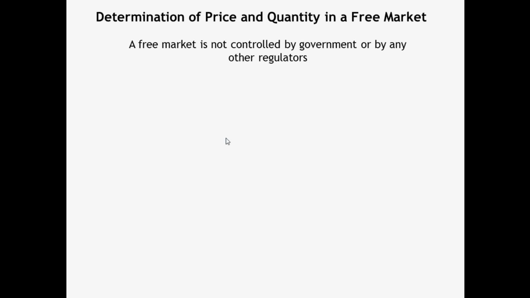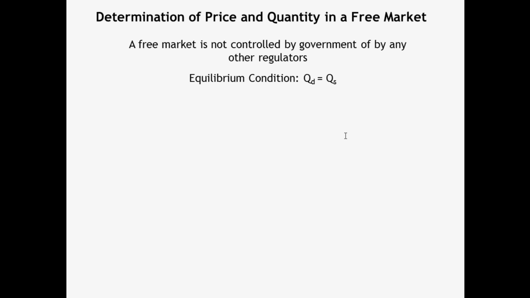In a free market, prices for goods and services are determined by consent between sellers and consumers. The price and quantity of a product in a free market is determined when it satisfies the market clearing condition. That is, when quantity demanded for the product is equal to its quantity supplied.